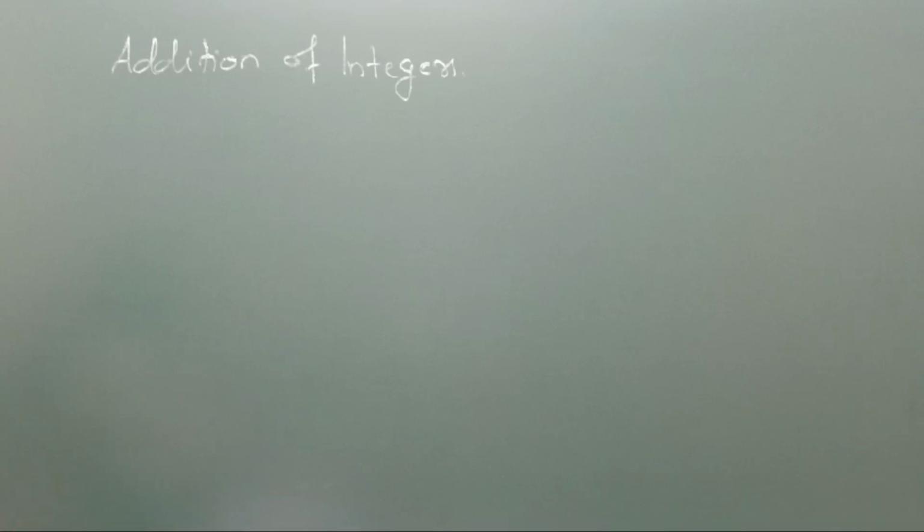That is one rule, when the signs are same. If the integer signs are two different, then we have to find the difference of those two integers and give the sign of the greater number.